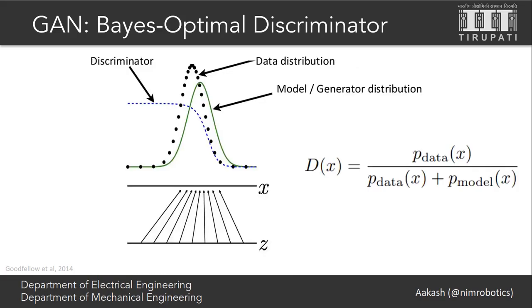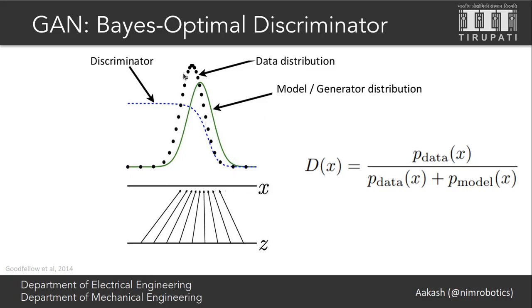This is a model which can be used to describe this. Here we have z, our latent variable, and we are mapping z to x; these arrows represent the mapping.